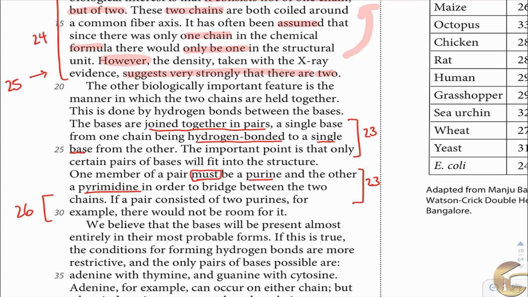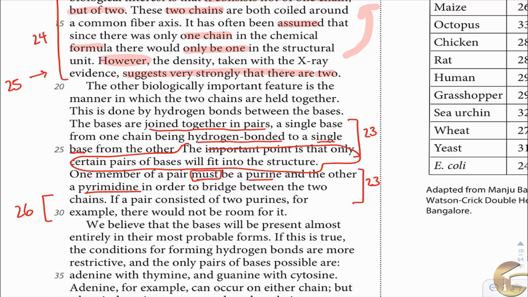It does say the important point is that only certain pairs of bases will fit into the structure. So this is the setup that we have. It says one member of a pair must be a purine and the other a pyrimidine in order to bridge between the 2 chains. So again, we have to make sure they can fit. One member must be a purine, the other a pyrimidine. And then they said if a pair consisted of 2 purines, there would not be room for it.